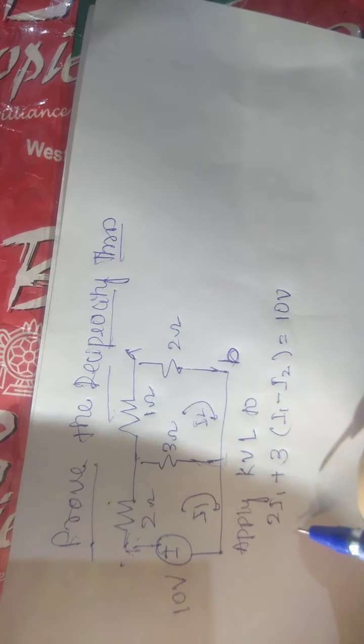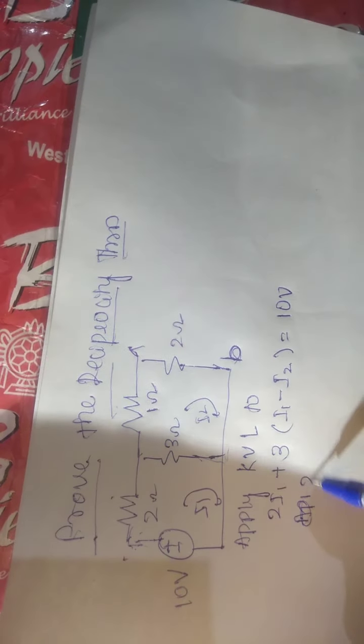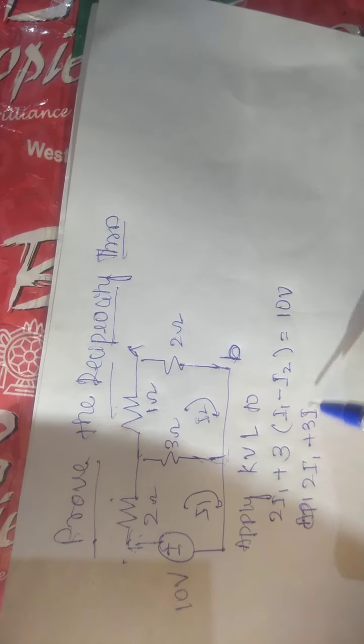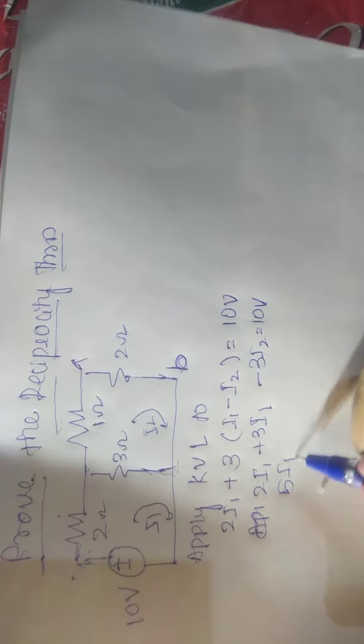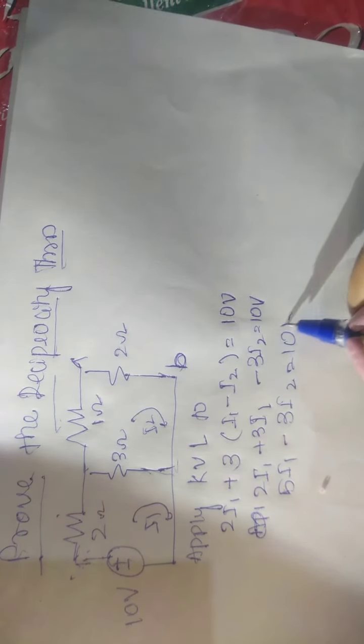It is negative to positive in the circuit. Then 2I1 plus 3I1 minus 3I2 equals 10 volt. 5I1 minus 3I2 equals 10 volt.